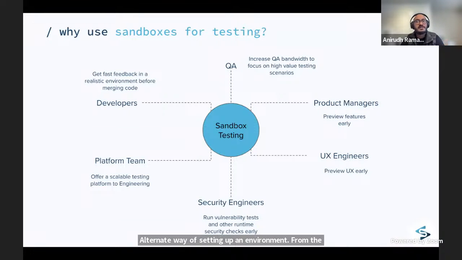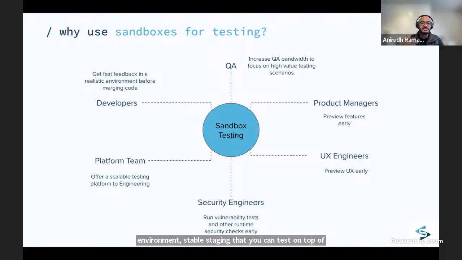From the platform team perspective, it's very low maintenance burden because it's again one cluster. You're not setting up multiple clusters or many infrastructure dependencies. From the QA perspective, you're essentially getting a stable staging environment that you can test on top of, and test these behaviors as they occur. So you're, in some sense, shifting left.